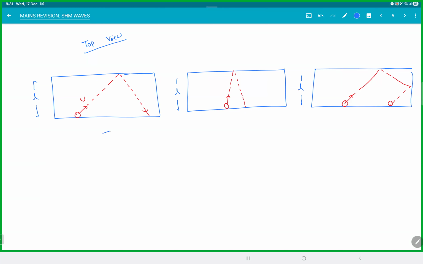Right, so this time interval is t1, time t2, time t3. So balls are projected from the lower wall and they should hit the upper wall and come back. I'll do one thing, but let's simply call it A and B. The time taken to go from A to B. Arrange them in the descending order.